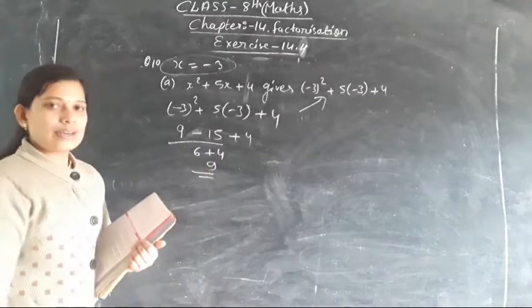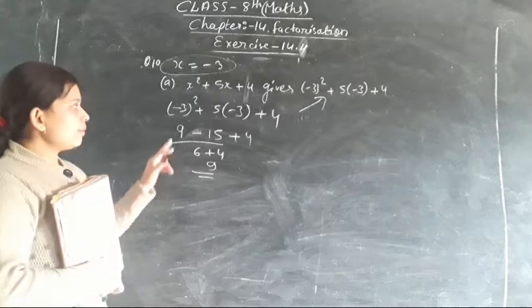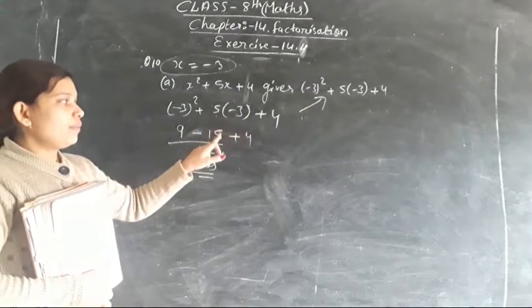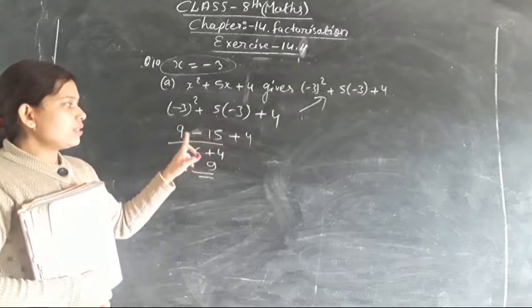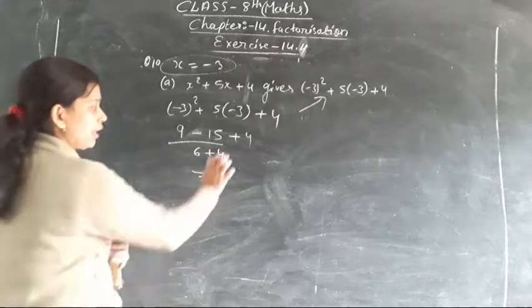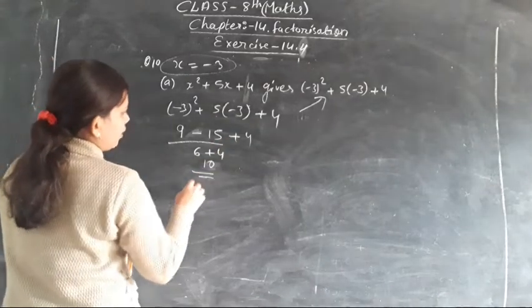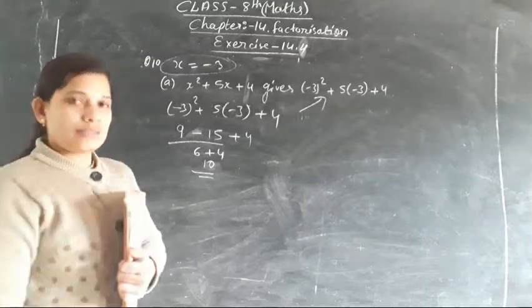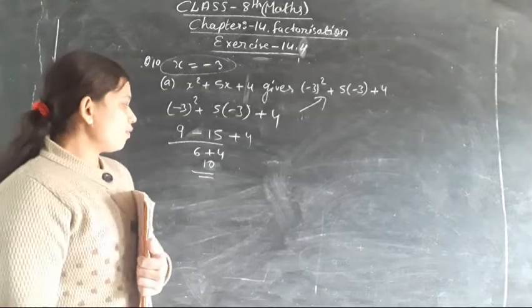Is this answer coming? Yes, because minus 3 into minus 3 will be 9, 5 into 3 will be 15, this minus will come over here. So 9 minus 15 is minus 6 and minus 6 plus 4 will be... not 9, sorry. Here it will be 10, because 9, 10 plus 5, 6, 15, isn't it? 6 plus 4 will be 10.